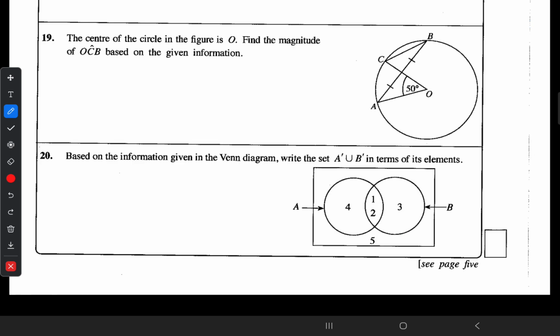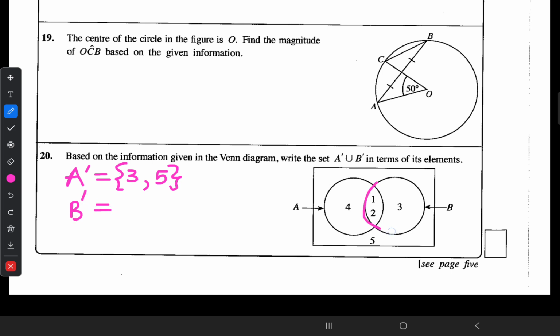Based on the given Venn diagram, find A complement union B complement in terms of its elements. So first I will identify A complement. A complement means outside of A. So outside of A we have 3 and 5. 3, 5. And secondly, B complement.